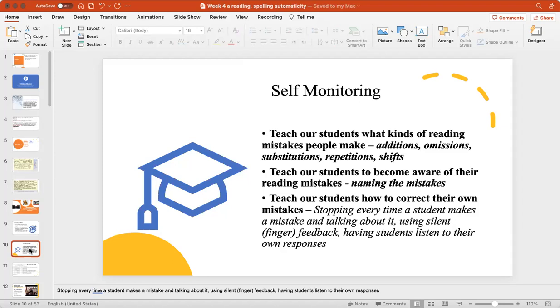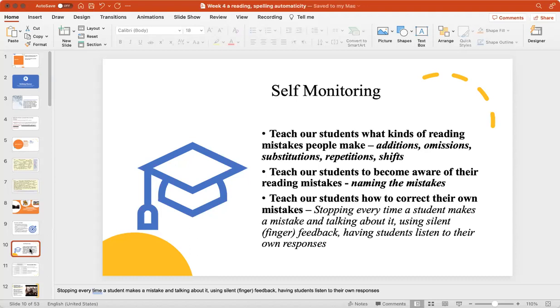The way to do this with self-monitoring is that when a student is initially learning it, every time they make a mistake, you stop and talk about it. Was this it? You said this. We've spoken about how to deal with errors before. You added a sound here. When you said this, you omitted or substituted a sound.